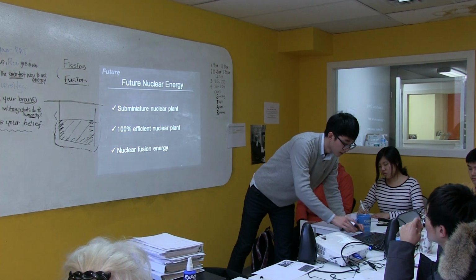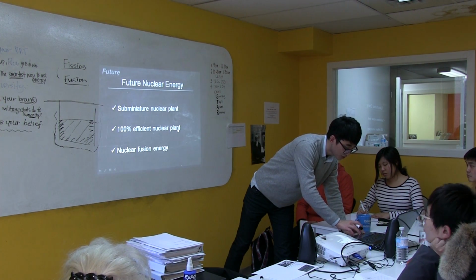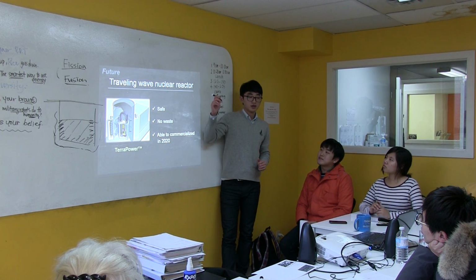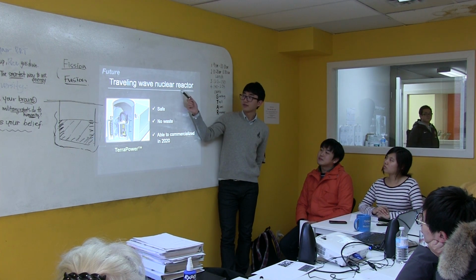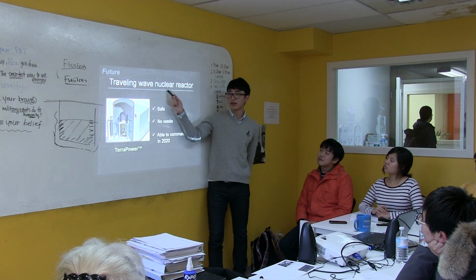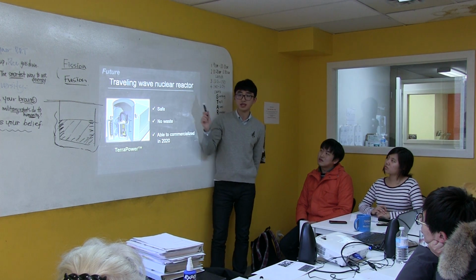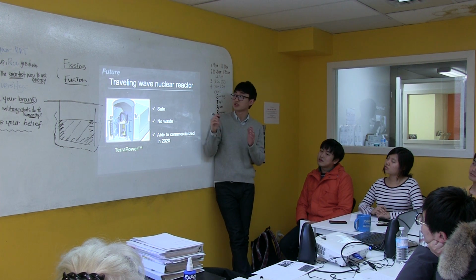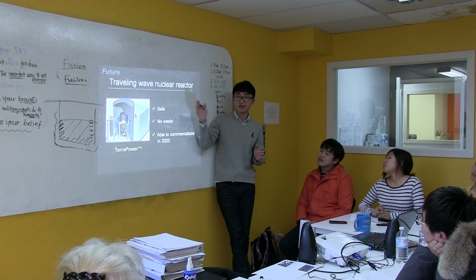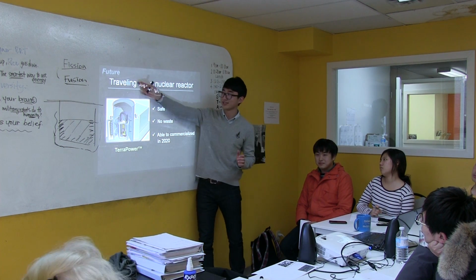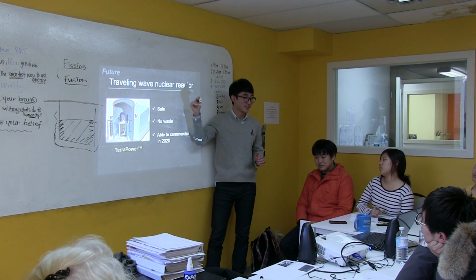Okay, and the next one is the 100% efficient nuclear reactor. We call it the traveling wave nuclear reactor. It means they use another way to generate electricity. They use nuclear reaction, but in another way, the traveling wave. It's a really complicated part, so I will skip that.